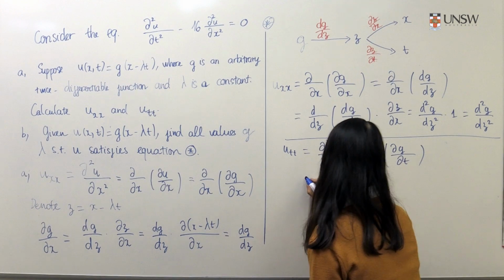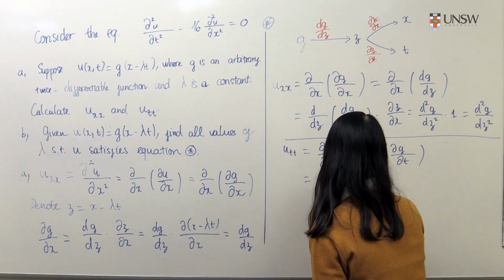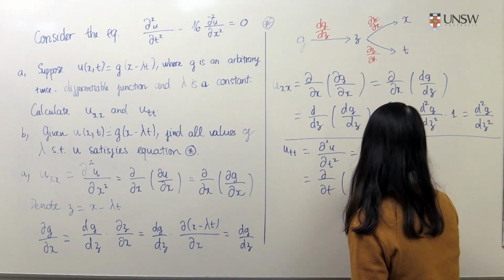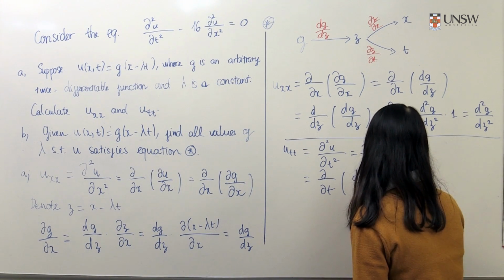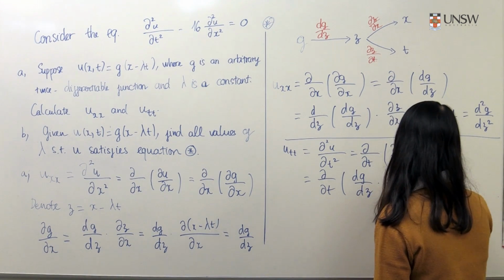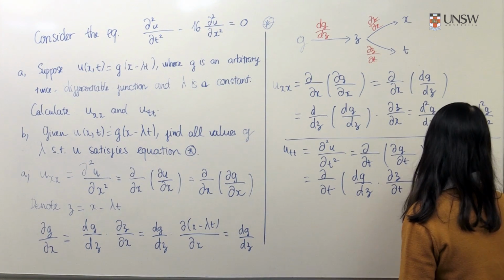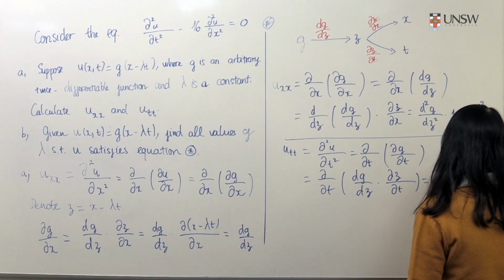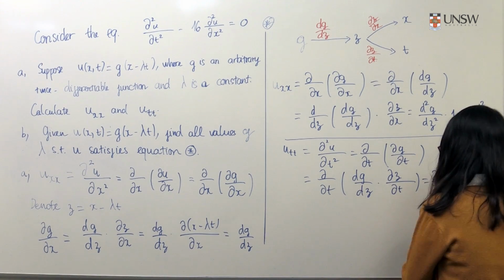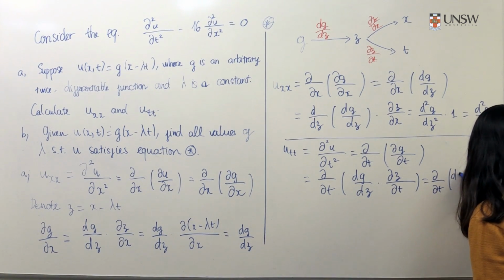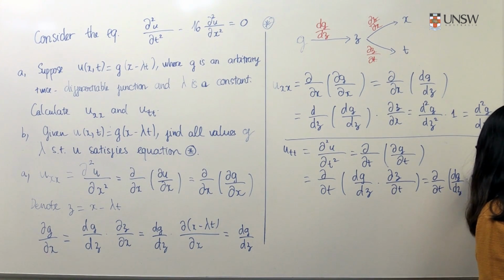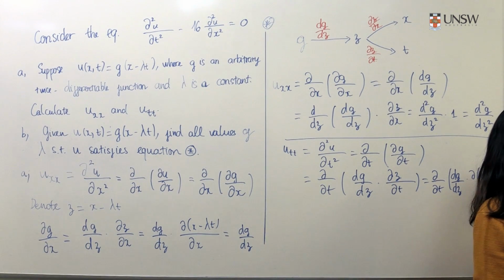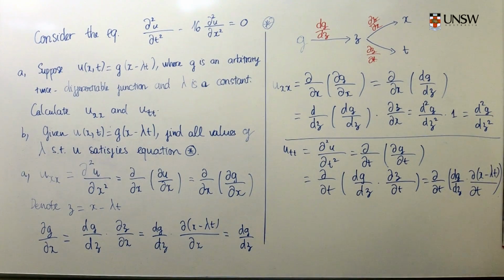So for the thing in the bracket, we can write dg over dz times the partial derivative of z with respect to t, and the partial derivative of x minus lambda t with respect to t is equal to minus lambda.